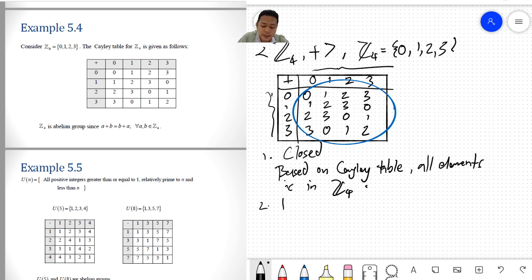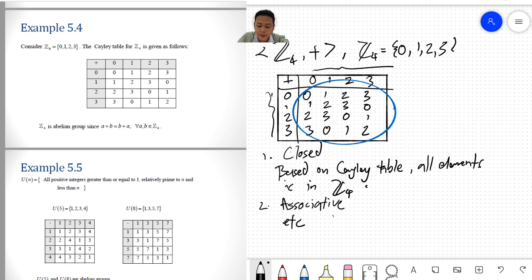About associative, let me show you an example of how to demonstrate it first. It's not the correct proof anyway, because this must be for every 3 integers inside there. If you want to include every kind of combination between those 3 integers, it will be quite lengthy. This is what I meant.